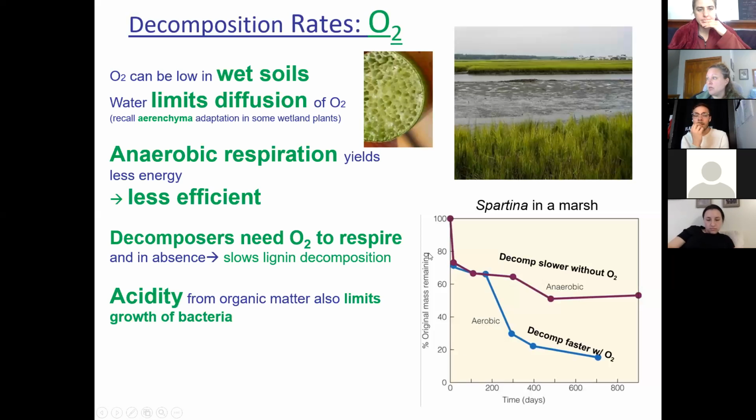So for example, here, percent mass remaining over time, if we have aquatic plants, say the marsh plants, the decomposition rate is going to be much slower in an anaerobic, or without oxygen, scenario, and we'll have a lot faster decomposition, a lot less remaining, if we do have the available oxygen.